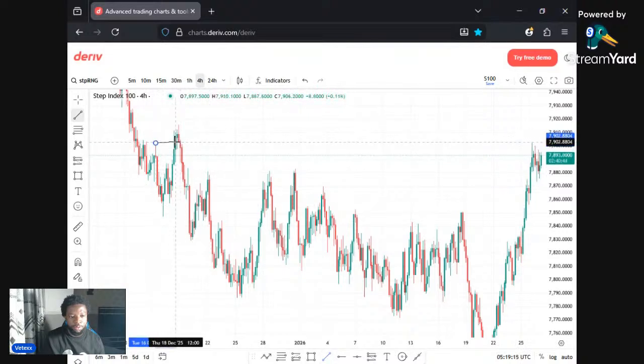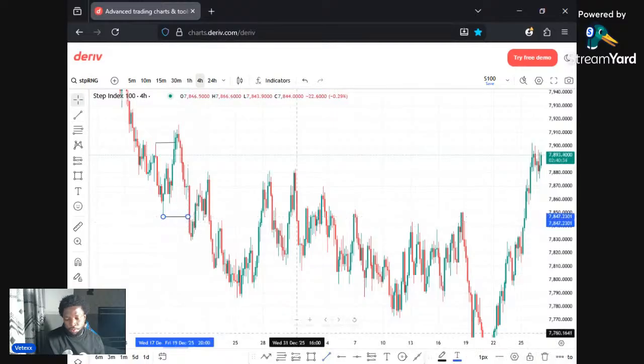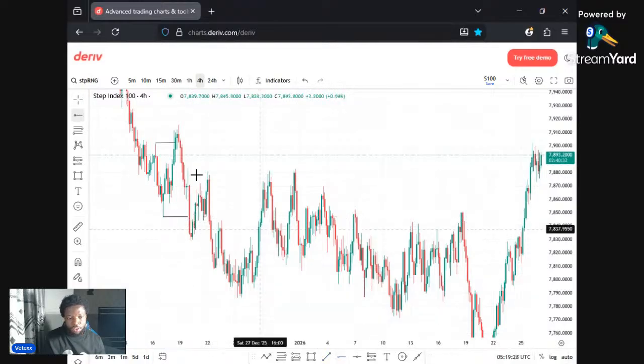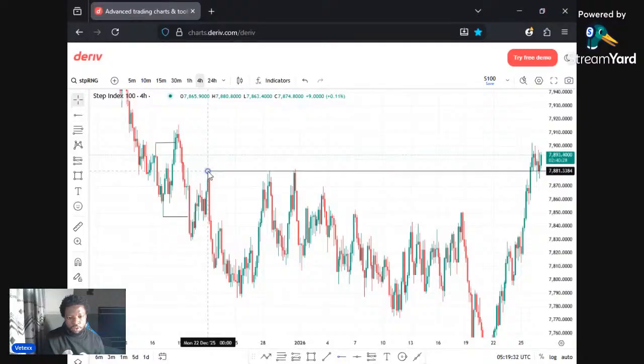These are sweeps. Okay, and we have what? Protected first break of structure. We have price retrace 50% to give us structural liquidity, and then we have our protected high.